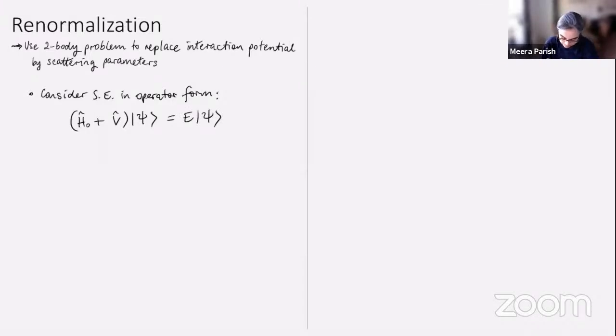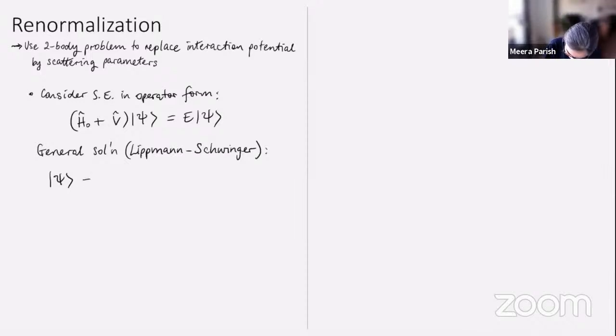Now, written in general, what you can show is that the general solution of this problem is the so-called Lippmann-Schwinger equation. In some sense it looks like I'm just rewriting it, which is what I'm trying to do.